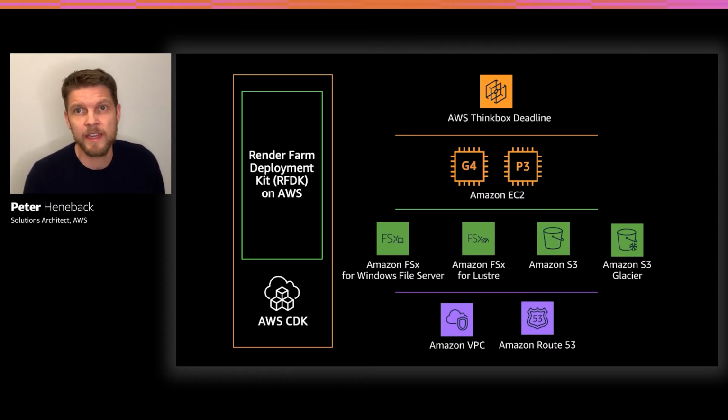Using the RFDK to deploy AWS Thinkbox Deadline, customers get the elasticity of cloud infrastructure with the stability of infrastructure as code. And crucially, the RFDK and CDK are built with security as a top priority so that your render farm is built on a secure foundation.